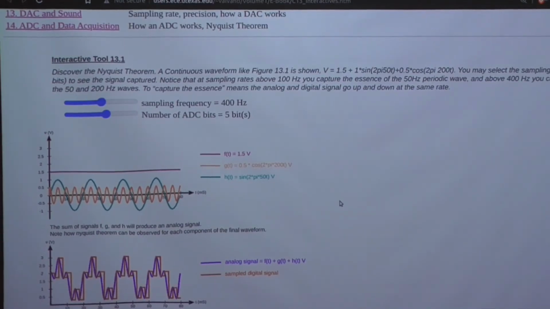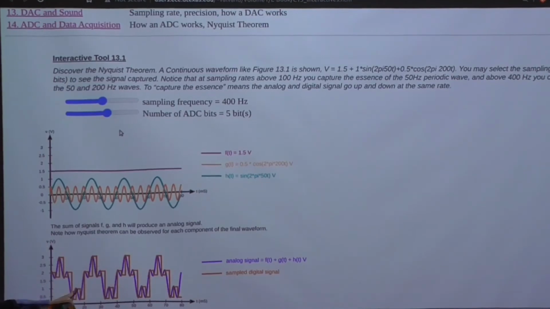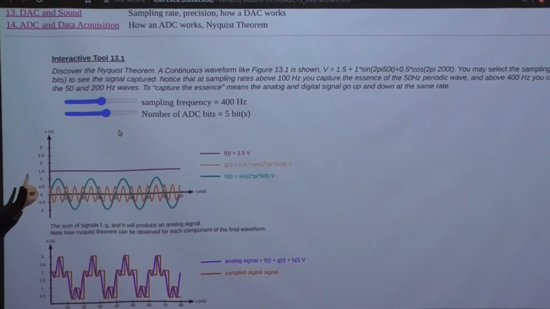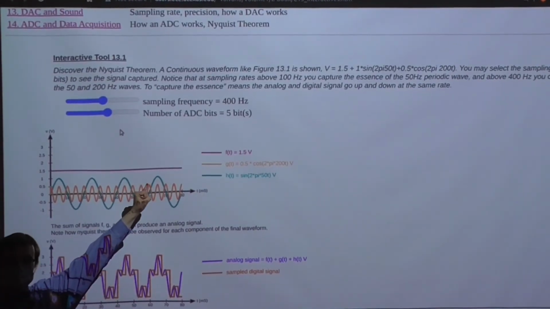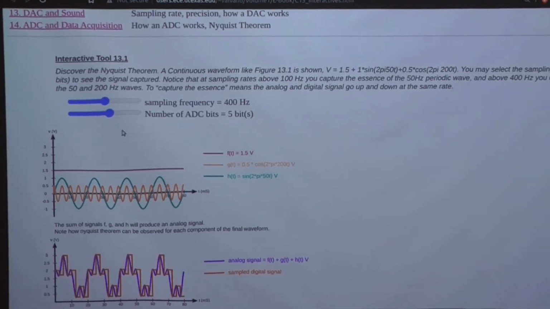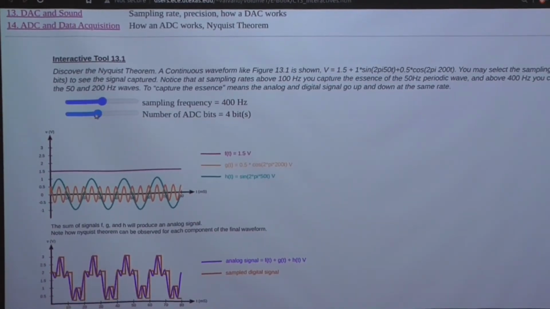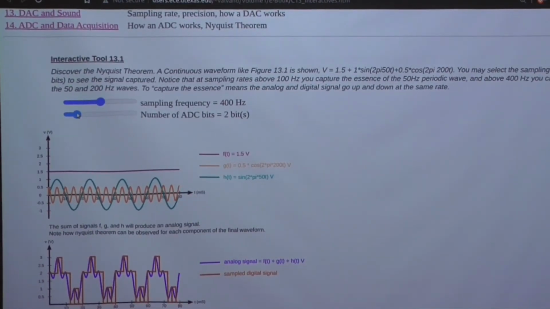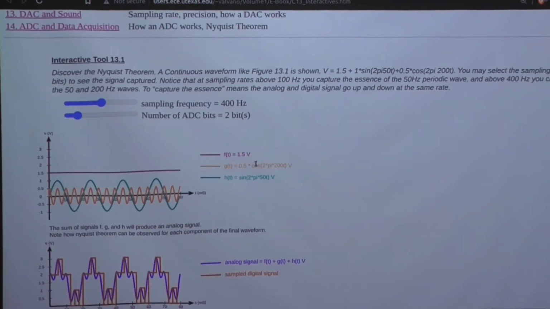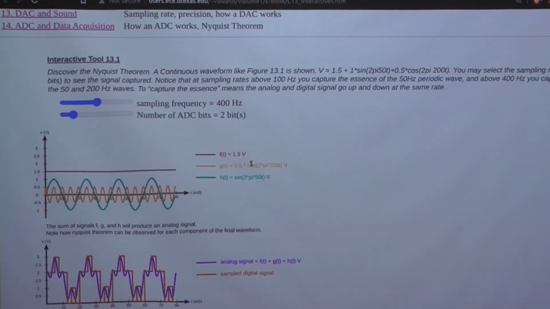Incidentally, you also get better resolution when you increase the number of bits that you're converting with, right? So right now they're using 5 bits on this. If we decrease this to 2 bits, basically we've only got 4 distinct levels that we can be at here.